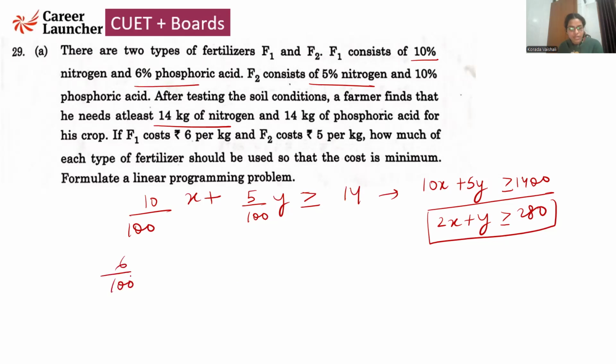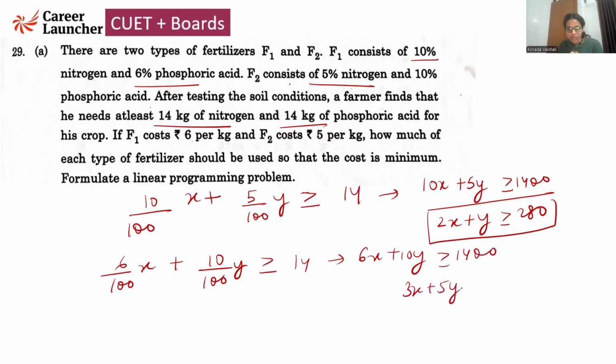I'm having 6% in the first one, plus 10% in the second one, and at least I need how much? 14. Okay, so it is 14 again. So this is 6x plus 10y greater than or equal to 1400. If I'm reducing this down to the simplest form, I'm getting 3x plus 5y is greater than or equal to 700. So what if I am just plotting this down?